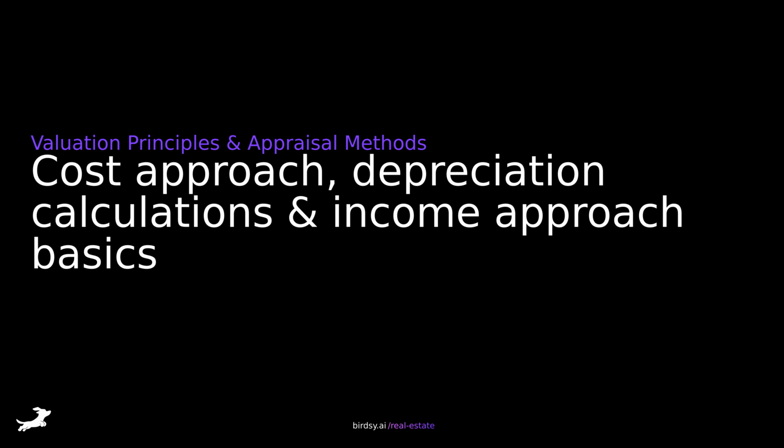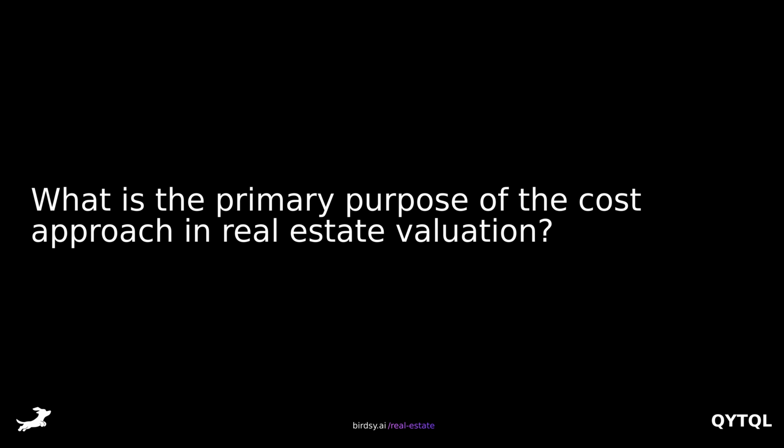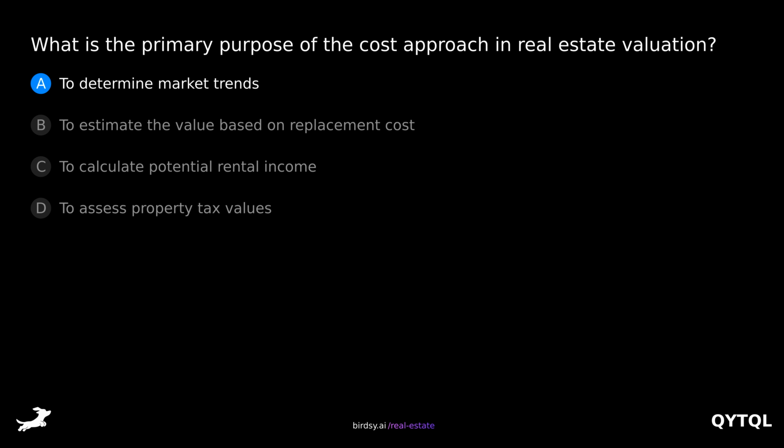Cost approach, depreciation calculations, and income approach basics. What is the primary purpose of the cost approach in real estate valuation? Is it A, to determine market trends, B, to estimate the value based on replacement cost, C, to calculate potential rental income, or D, to assess property tax values?